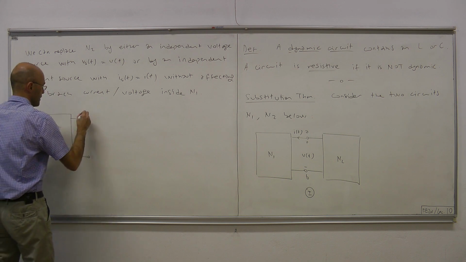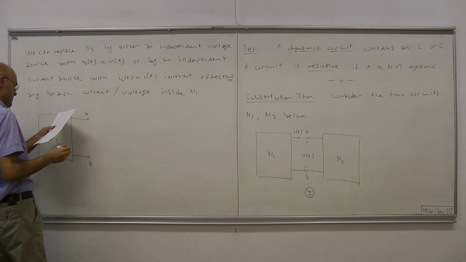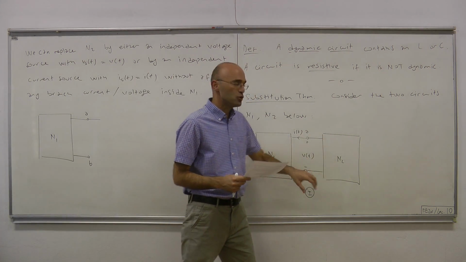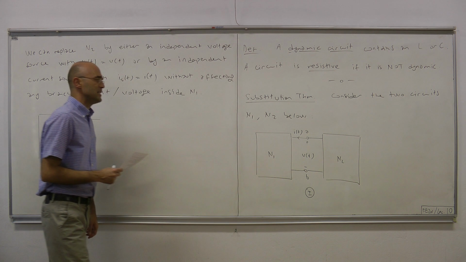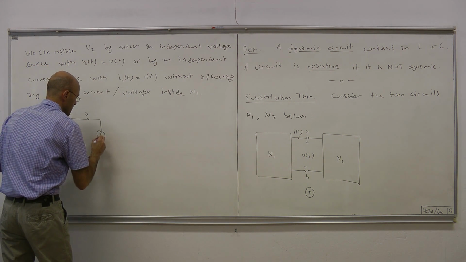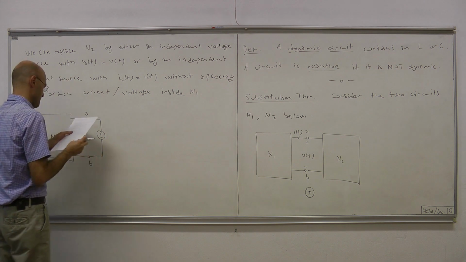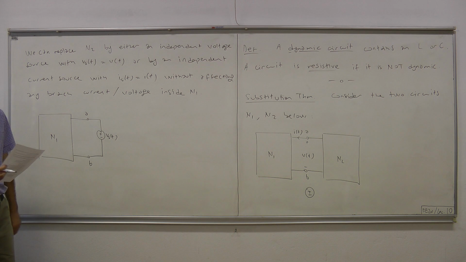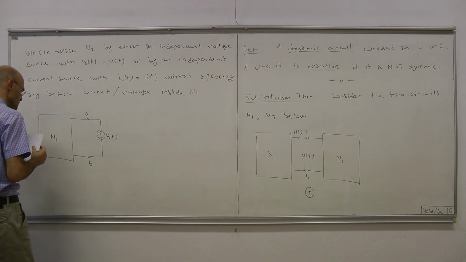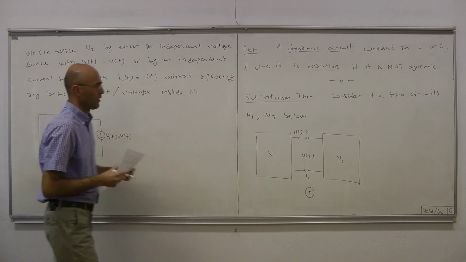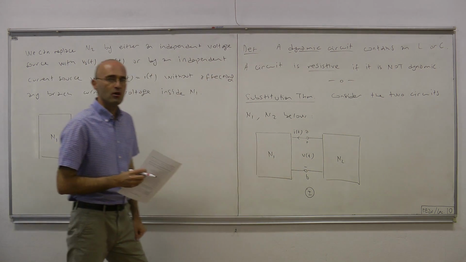Okay, these are the nodes A and B. And then replace N2, take this N2 out, and instead connect a voltage source here, Vs of t. And Vs of t equals this voltage here that's measured or computed.